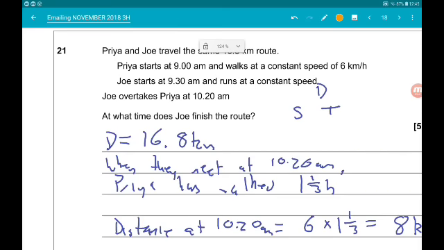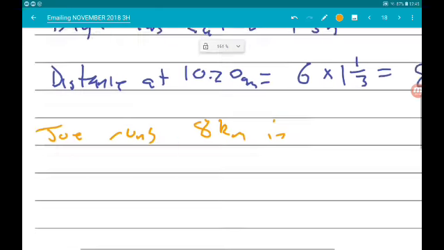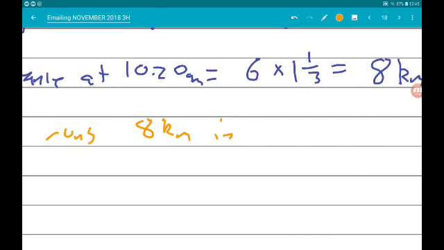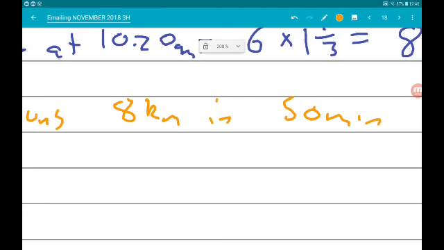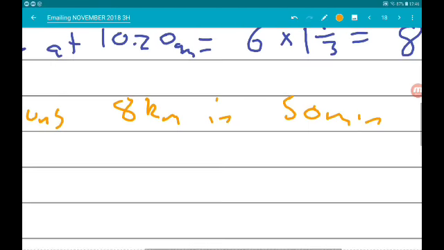So they meet at 10:20. So he runs 8 kilometers in 50 minutes. Now, from that we can work out his speed per hour. So we could work out how far he would get in 10 minutes.